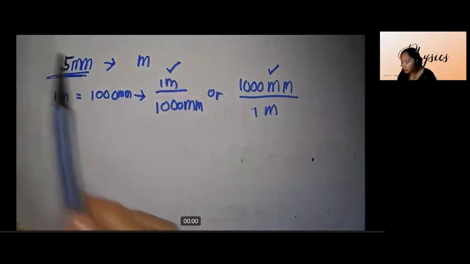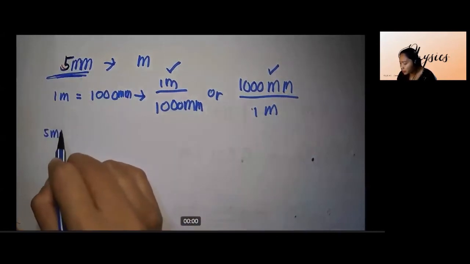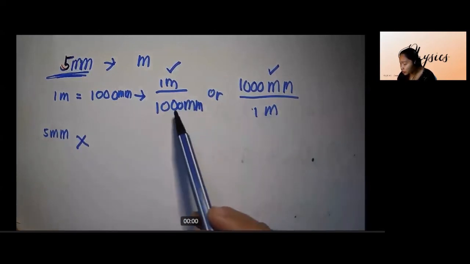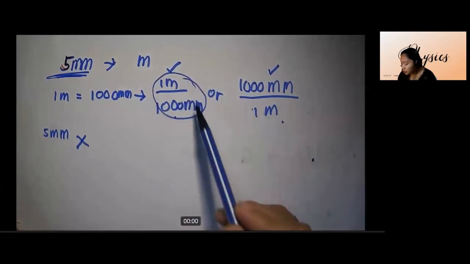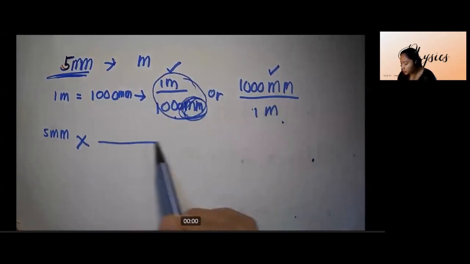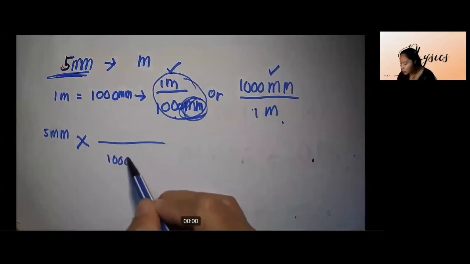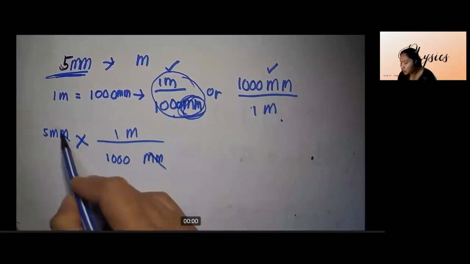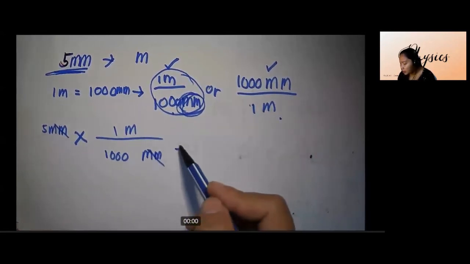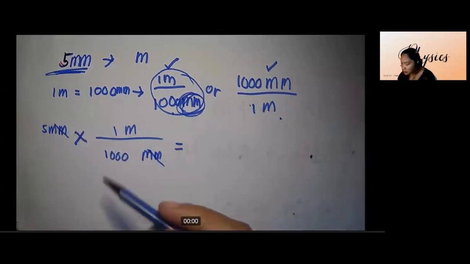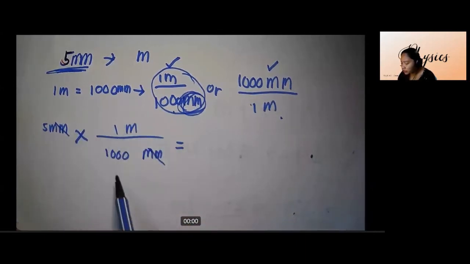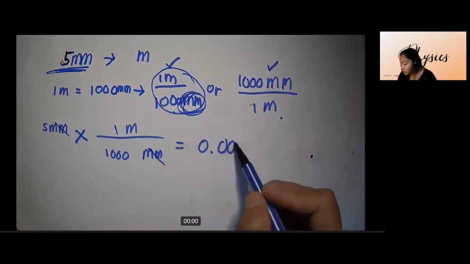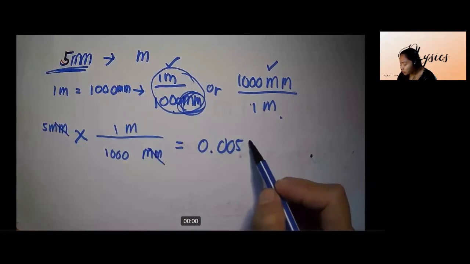The given is 5 millimeter, so we multiply it with the conversion factor. Which one are we going to use? We have to use this one because millimeter is at the bottom: 1,000 millimeter and 1 meter. So we can cancel out the millimeter unit and proceed in multiplying. 5 times 1 divided by 1,000 is equal to 0.005 meter.